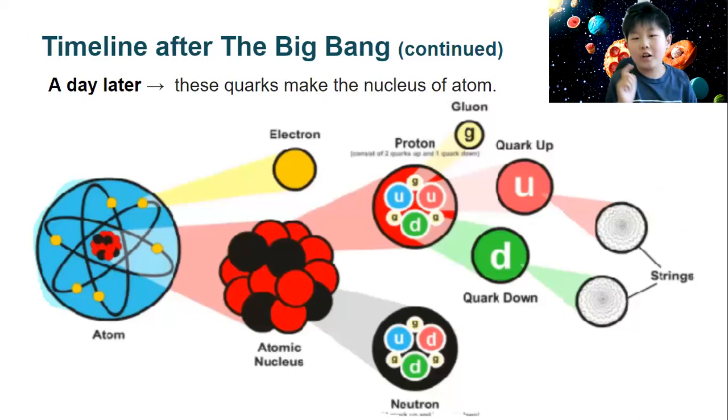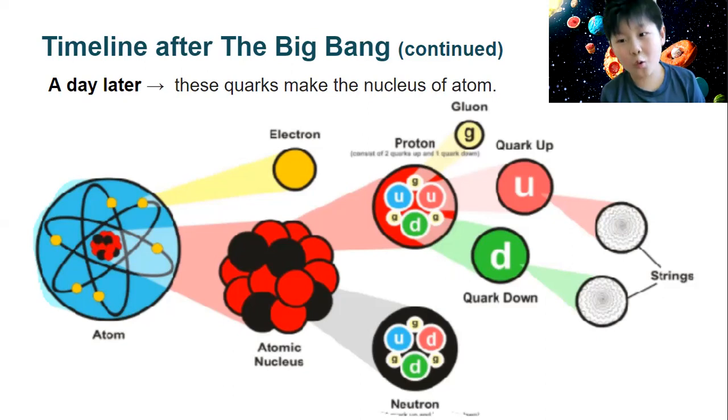A day later, these quarks make the nuclei of atoms. Atoms are made of electrons and atomic nuclei. Atomic nuclei are made of protons and neutrons. Protons and neutrons are made of gluons, up quarks, and down quarks.